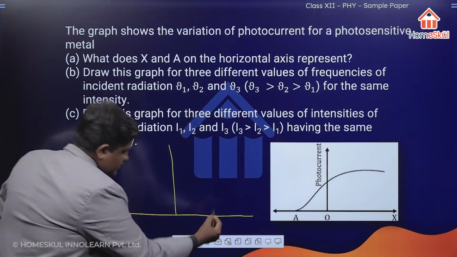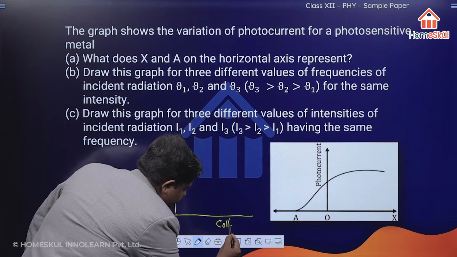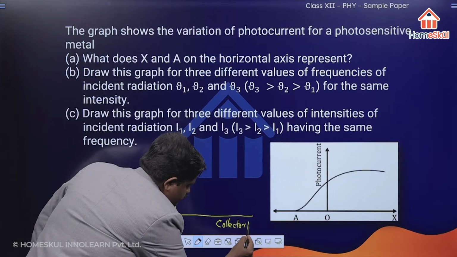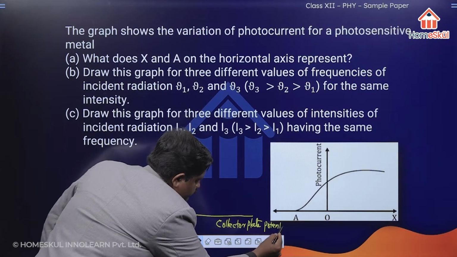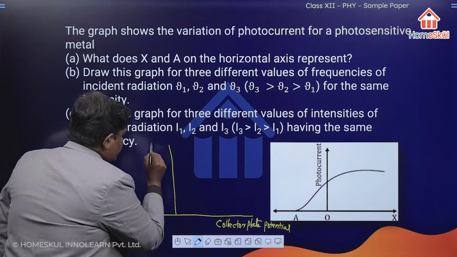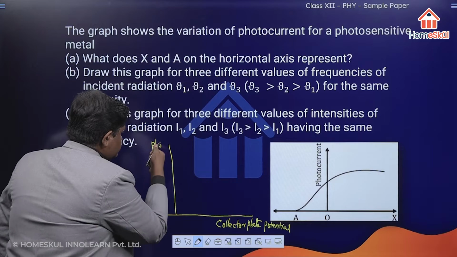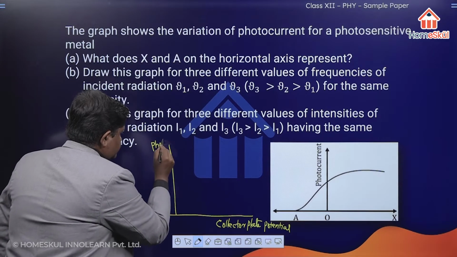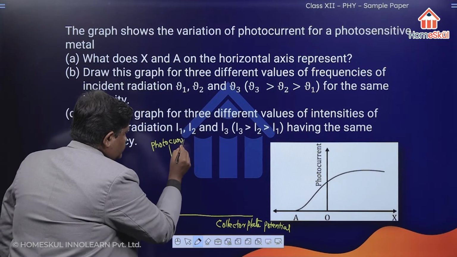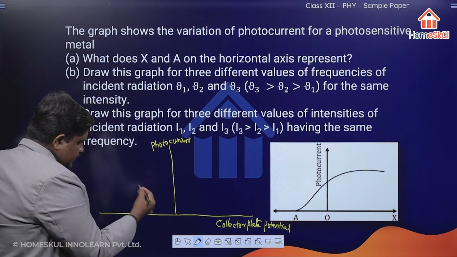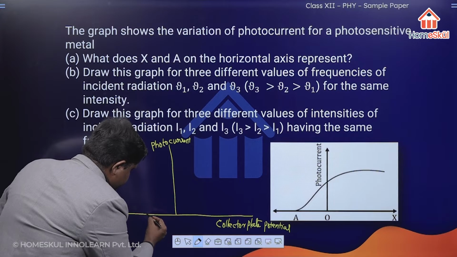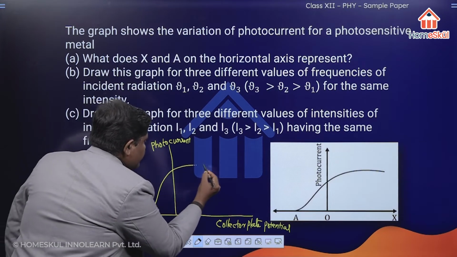This is the collector plate potential, and this is the photocurrent. For different frequencies, with the same intensity, we get graphs like this.